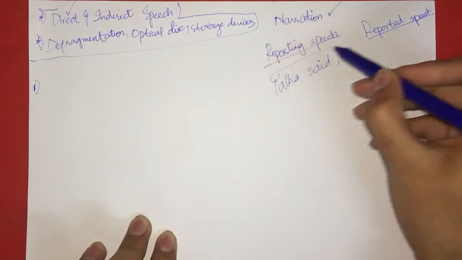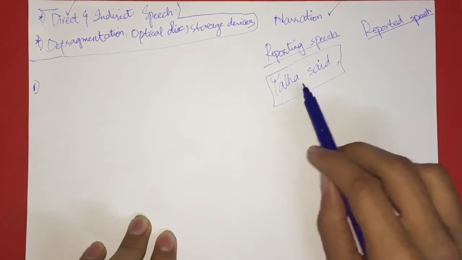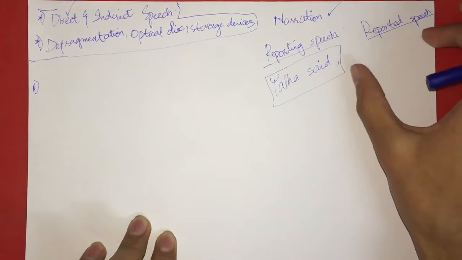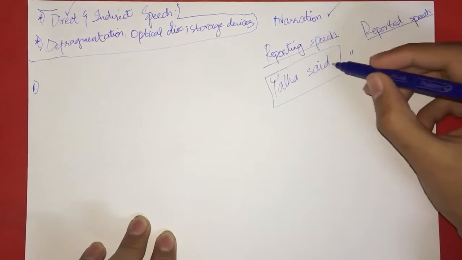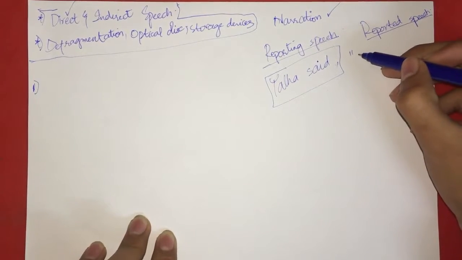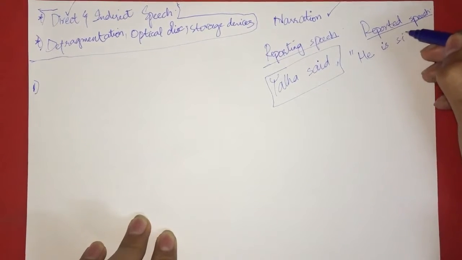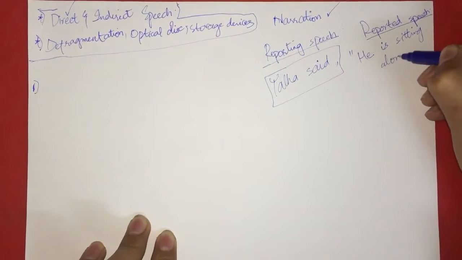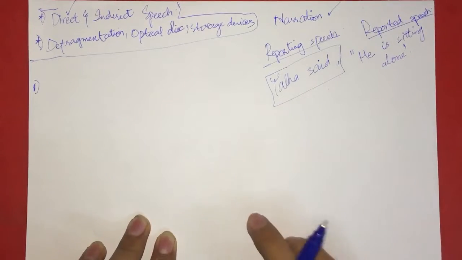This right here is a reporting speech, because it's addressing Talha, that he said the further part of the sentence. Talha said that he is sitting alone. Alright, so this, for example, is a sentence.